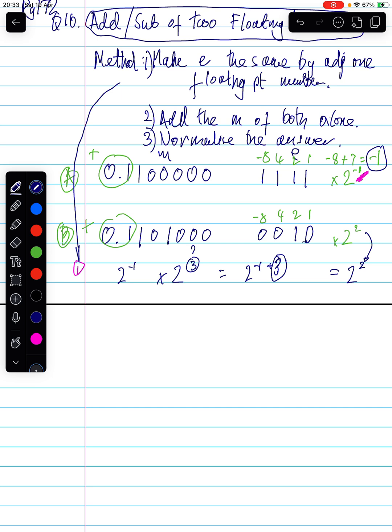So now we're doing step 2 here. This was step 1.